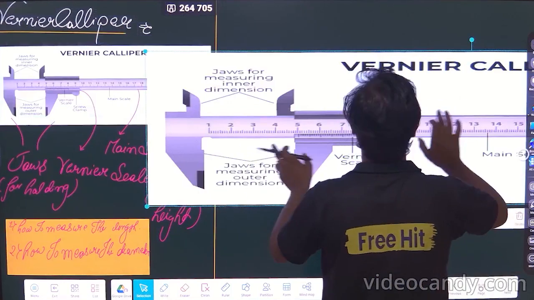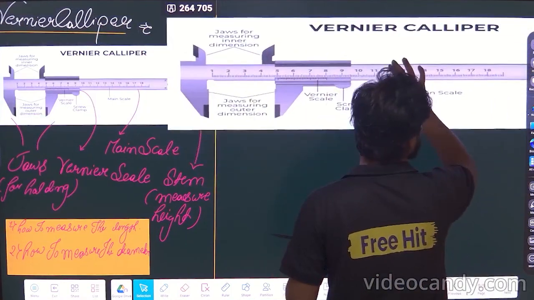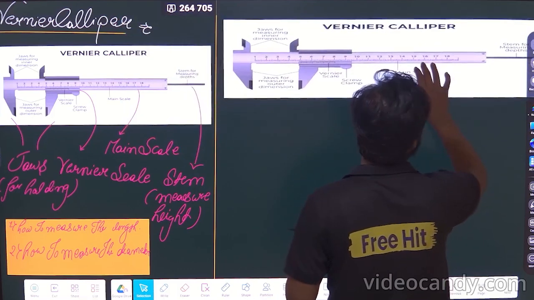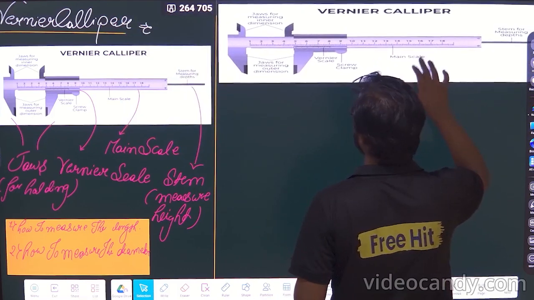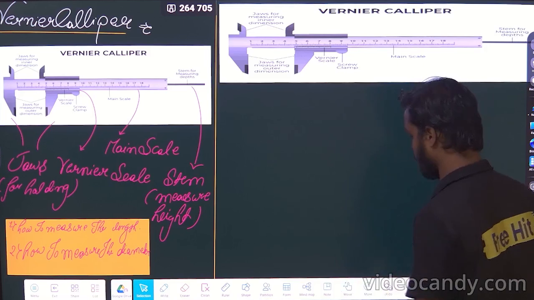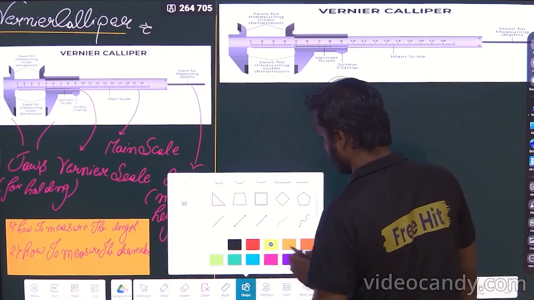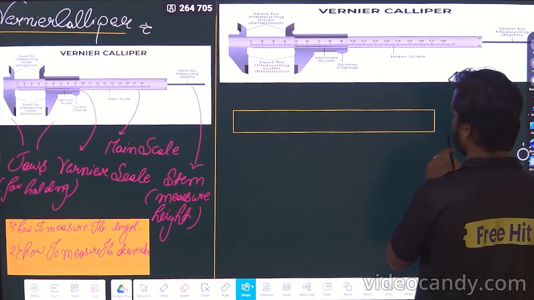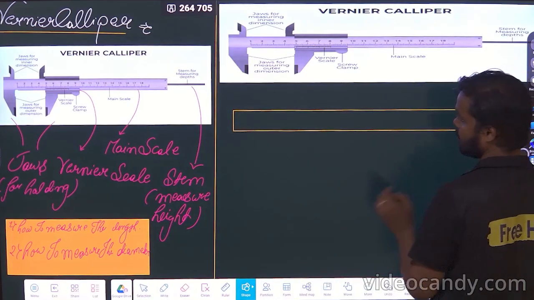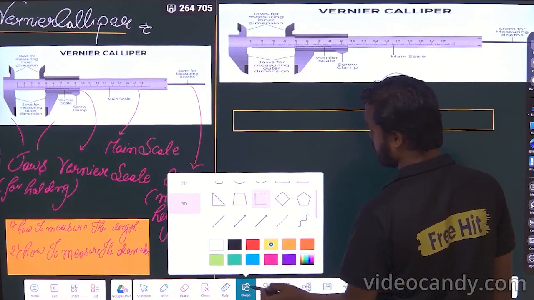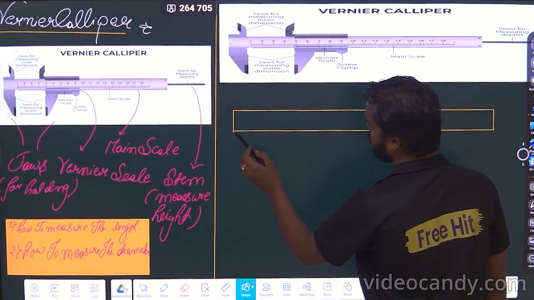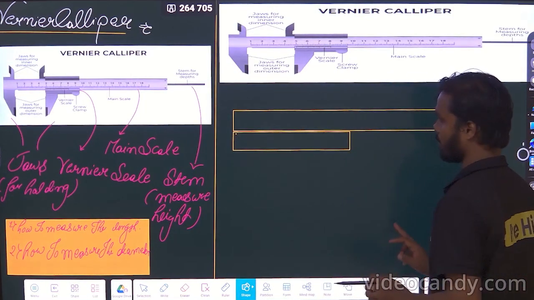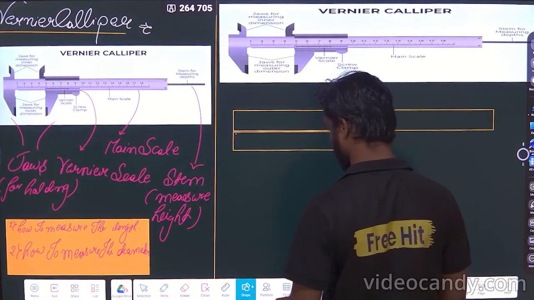Let me draw, then I can explain better. This image is not sufficient, I think. For your reference I am keeping this image, but let me draw by myself, then it will be more clear. Suppose this is my main scale, and this is my vernier scale. Suppose these two scales are there.